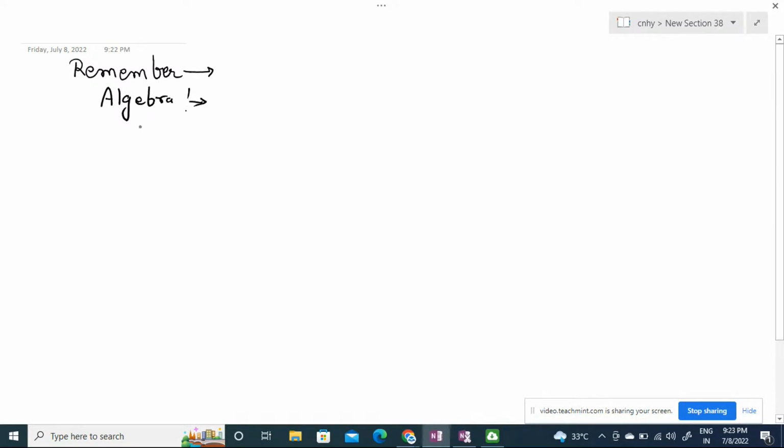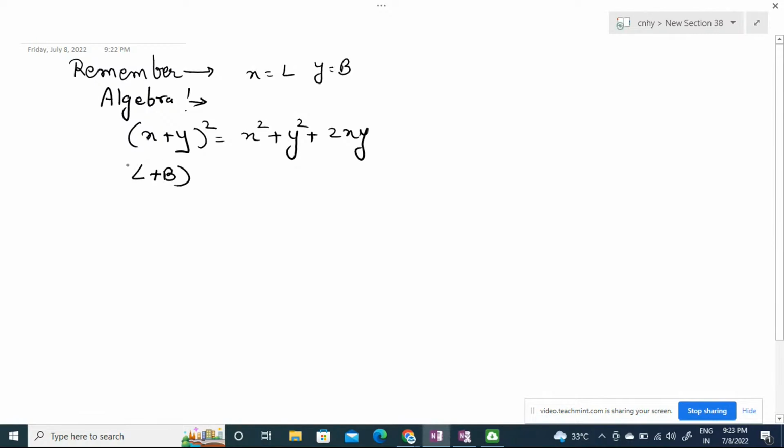There is a formula: x plus y whole square is equal to x square plus y square plus 2xy. We can convert x to L and y to B. So it becomes L plus B whole square, which is equal to L square plus B square plus 2LB. So remember this formula.